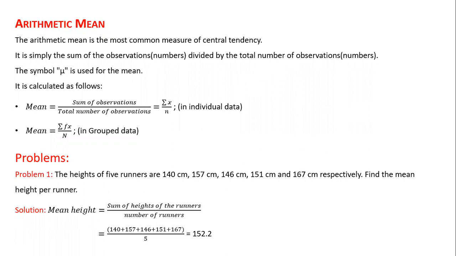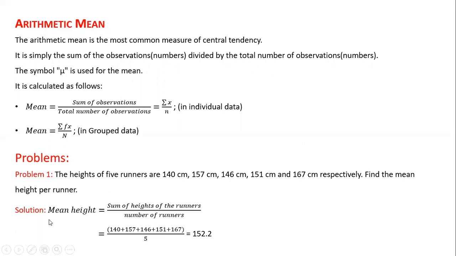We denote the arithmetic mean with the symbol mu, and it is calculated as follows. For individual data, the mean is the sum of the observations by the total number of observations, that is summation of x by n. If it is group data, mean equals summation of f x by n, where f indicates the frequency, x is the midpoint, and n is the total number of observations.